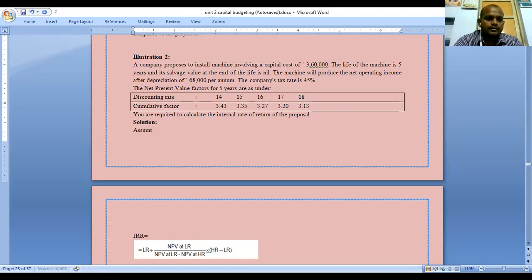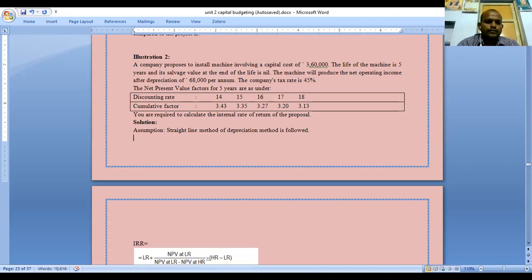I'm assuming the straight line method of depreciation is followed while calculating the depreciation.